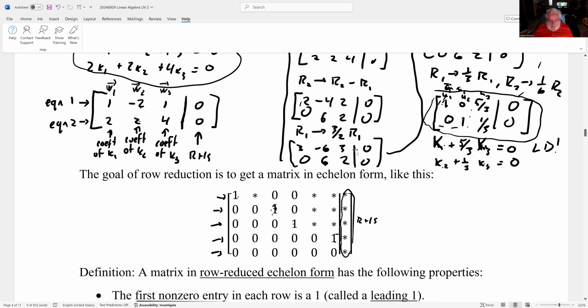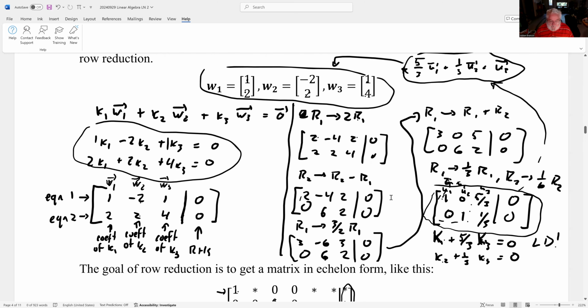Right, and that's what we did here. We got that 2 there, we got to clear it out, we got a 0.